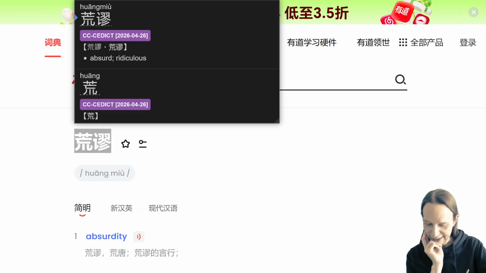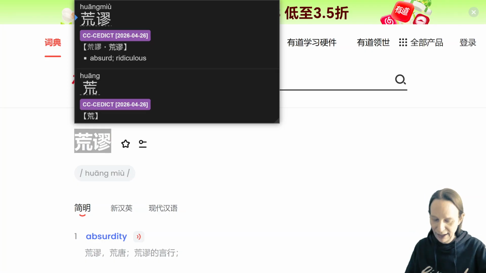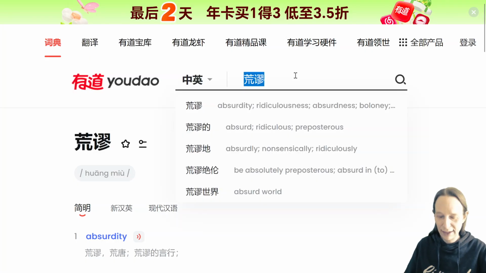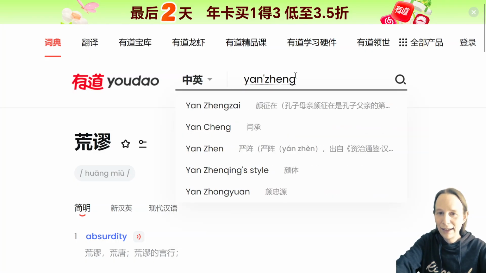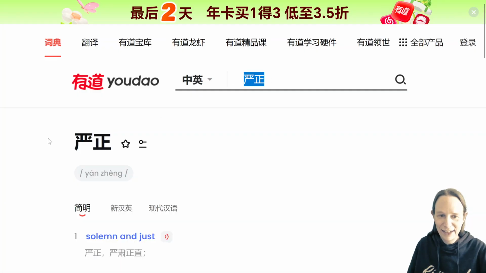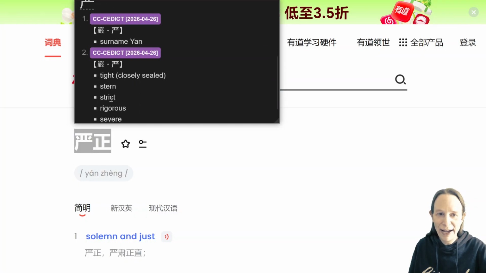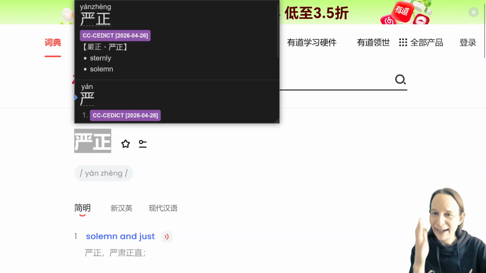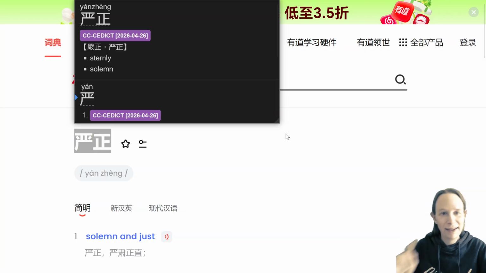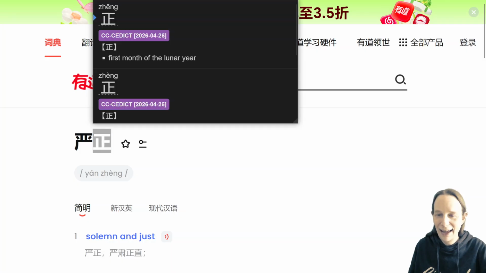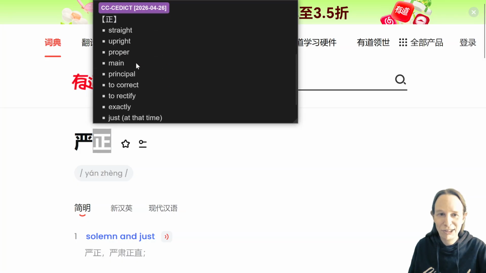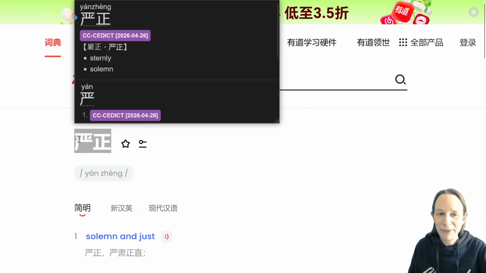Okay, and it's 严正的斥责。严正. So it's like stern and just. 严 can mean strict by itself, right? 你的老师很严吗? That sort of thing. 正 would be just. 公正, 正, whatever. 严正.